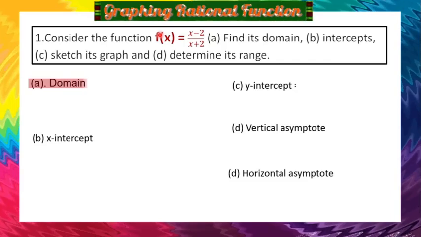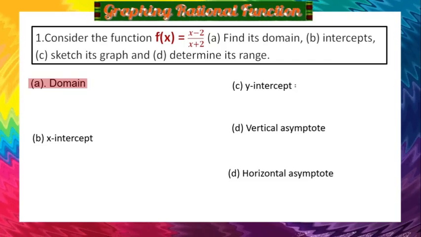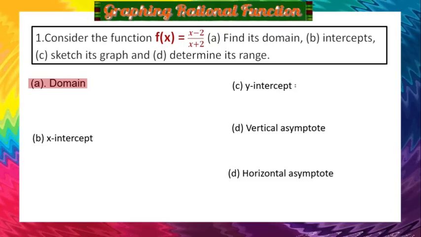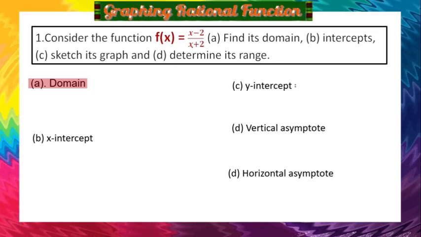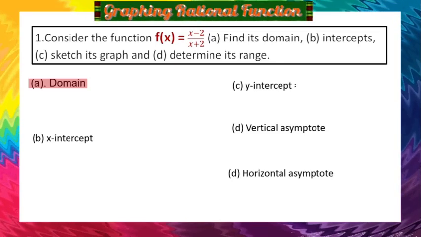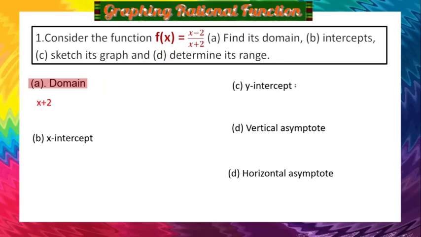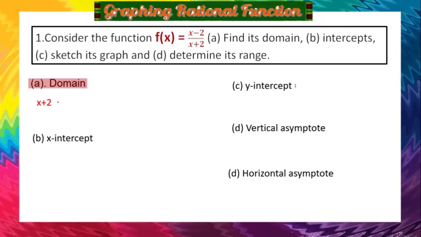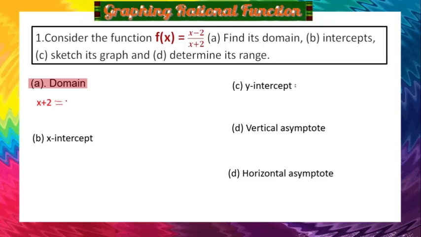Okay, first, the domain. To find the domain, you have to look at the denominator of the function. The denominator of the function is x plus 2, which will be equated to 0.